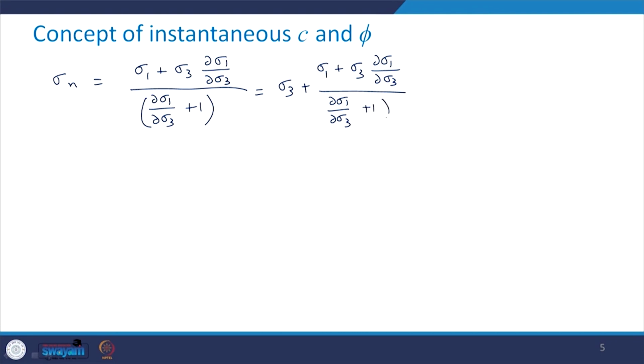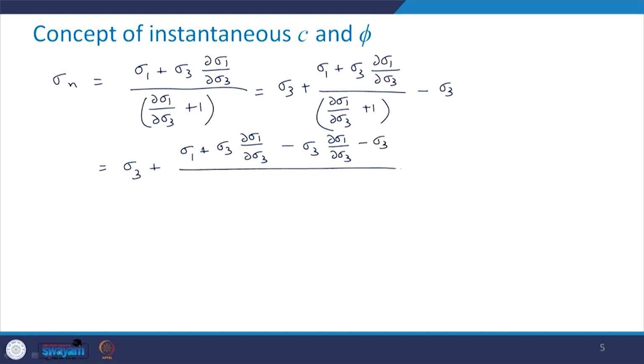So this is going to be sigma 3 plus, I will have sigma 1 plus sigma 3 del sigma 1/del sigma 3 minus sigma 3 del sigma 1/del sigma 3 and minus sigma 3, this divided by (del sigma 1/del sigma 3) plus 1.